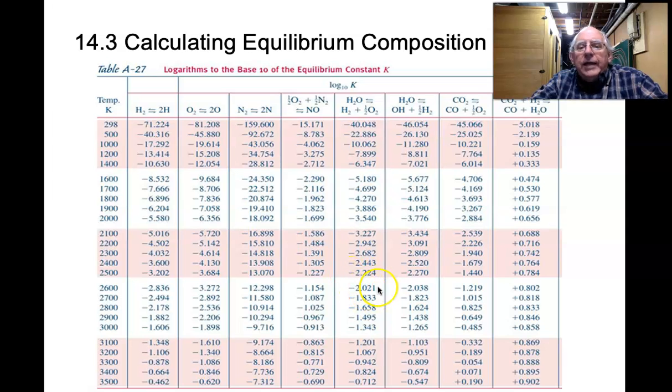And so one has to be careful how you read this table, because the table gives the equilibrium constant taken to the log base 10. What that tells us is that at 2600 Kelvin, for this particular reaction, the combination of mole fractions and the stoichiometric coefficients tell us the direction in which the reaction would be going.